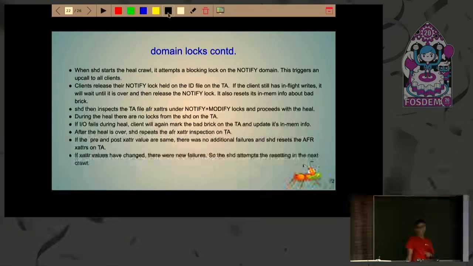Then the self-heal daemon can actually get the lock and proceed with healing the file. The thing to note is that if IO fails during the heal, the client will again mark on the bad brick and invalidate its in-memory information. So this is how the locks translator, upcall infrastructure, and multiple domain locks are used for maintaining the in-memory information.